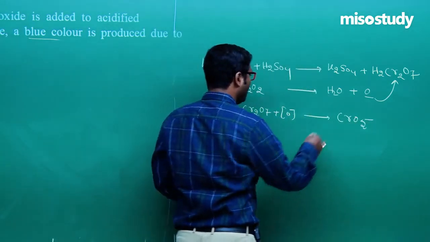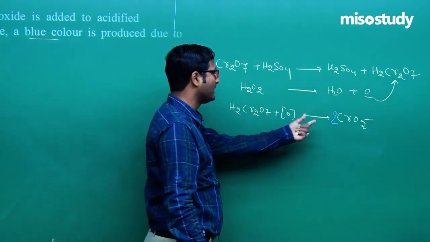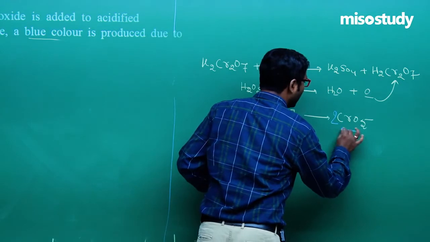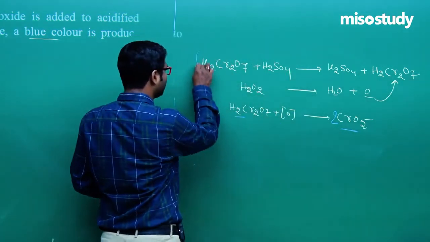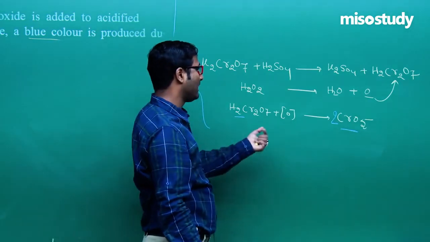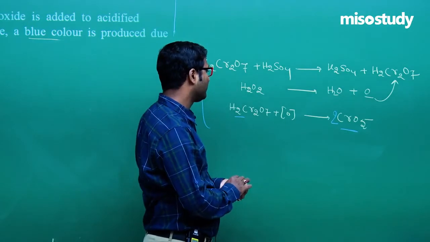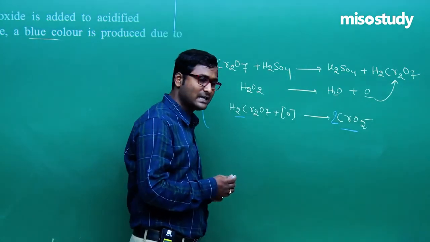Clear to you what I am telling? H2Cr2O7 will be converted to CrO5. Do you remember this reaction? This is the reaction. This is the 3 step. After adding, you will find the exact output. Clear, friend? If you have any doubt, you can easily ask me.